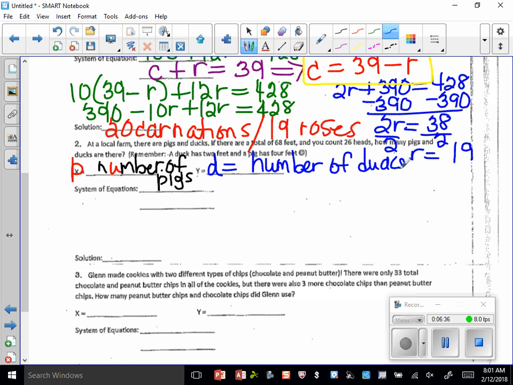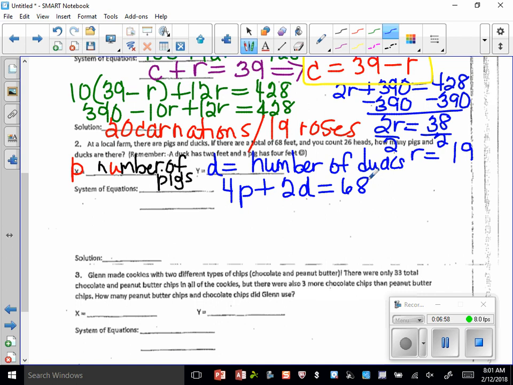And then it gave you a big hint. A duck has 2 feet, pig has 4. So we're going to do 4P for the pigs plus 2D for the ducks. Okay, 2 feet that is, and that gives us a total of 68 feet altogether. Okay, so that's one of our equations.